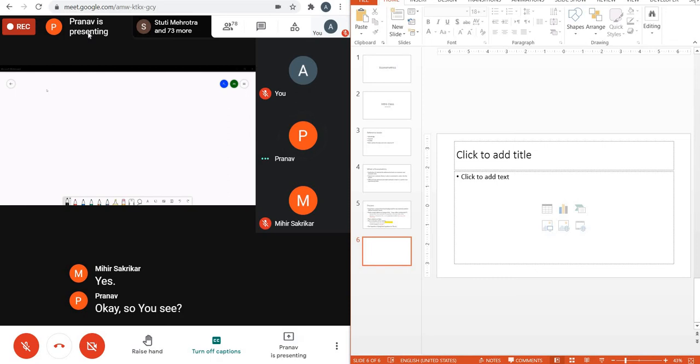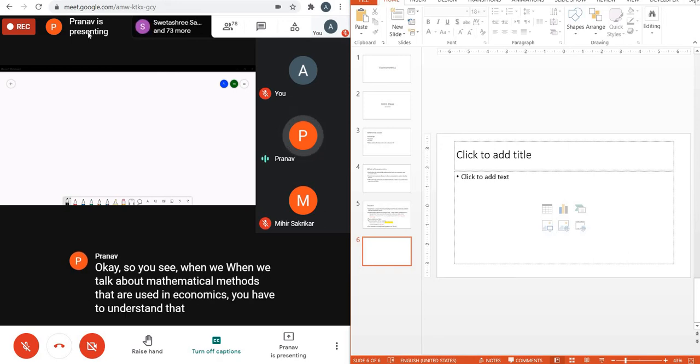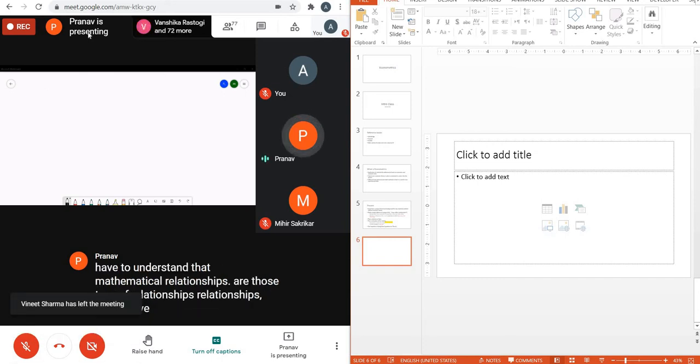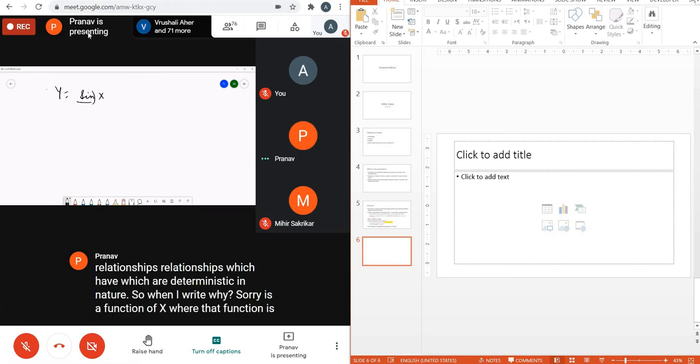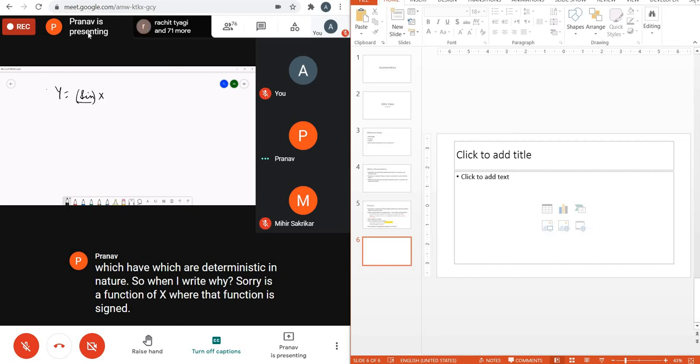You see, when we talk about mathematical methods that are used in economics, you have to understand that mathematical relationships are those type of relationships which are deterministic in nature. So when I write y is a function of x, whatever limitation that this function has is called limitations on your domain, that is, what kind of values you can actually put in x.